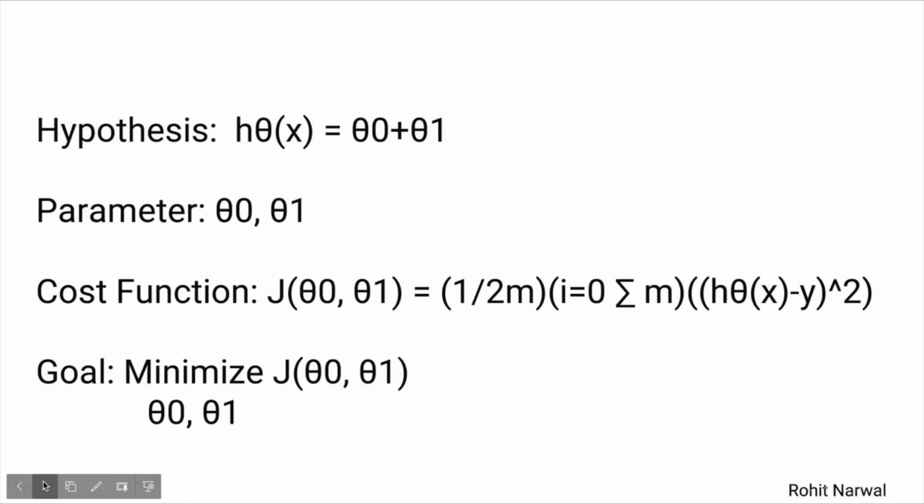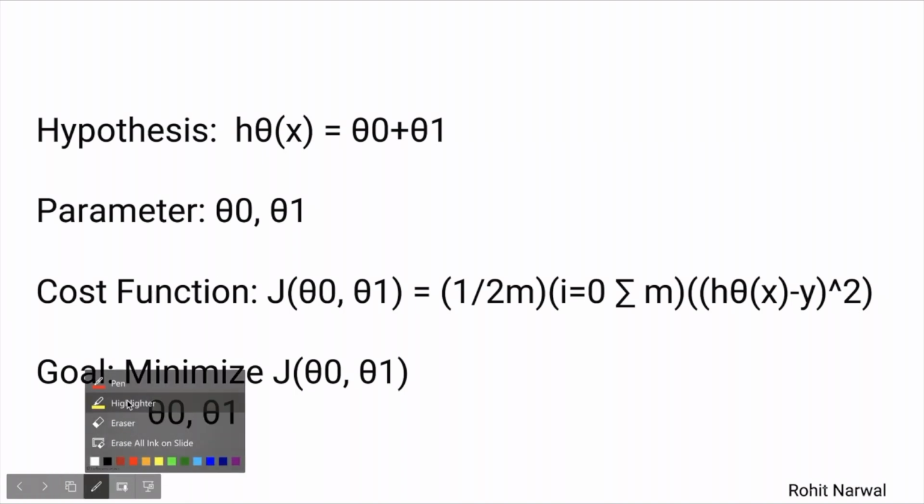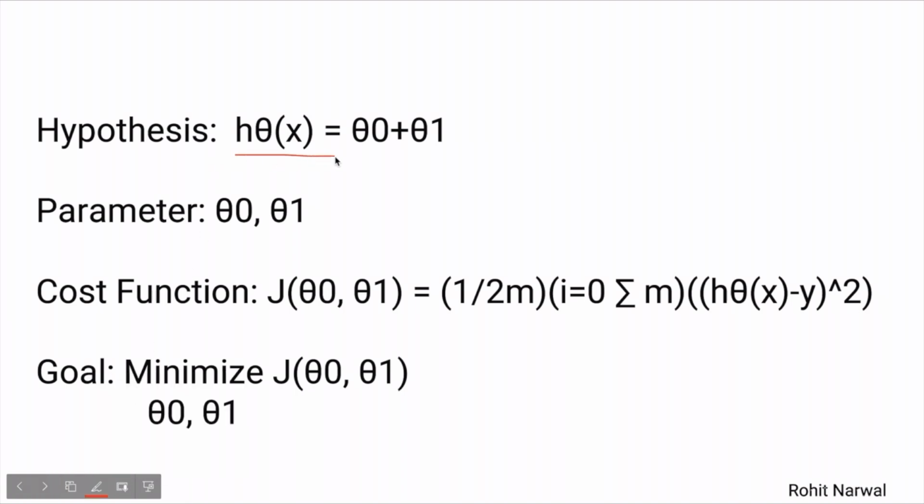So here is the hypothesis function, and there are the parameters theta 0 and theta 1. As you all know, h of subscript theta x is equal to... let me just correct it.